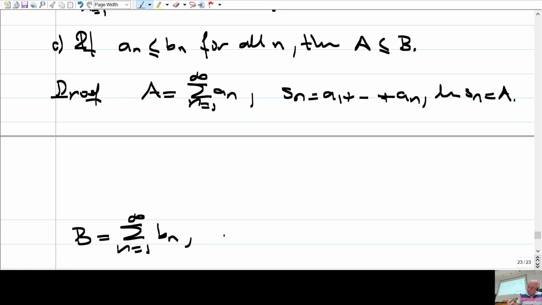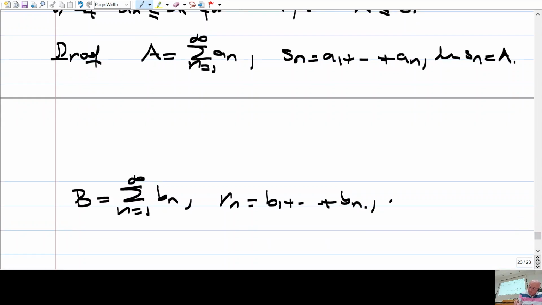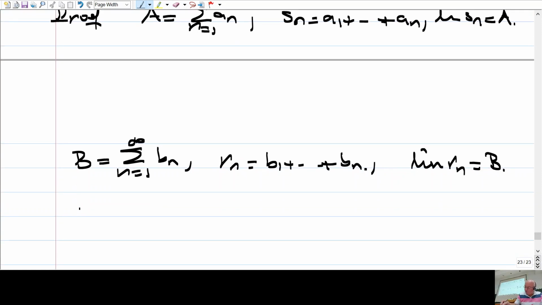And let's say the nth partial sum is Rn. So it is B1 up to Bn, and the limit of Rn is equal to B.